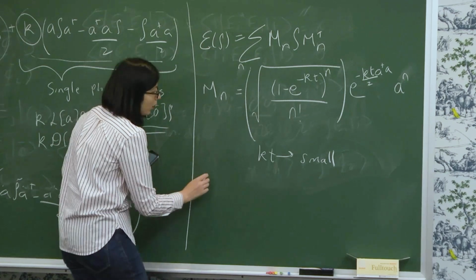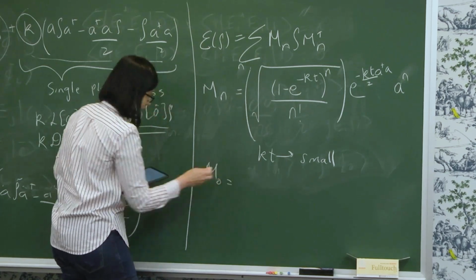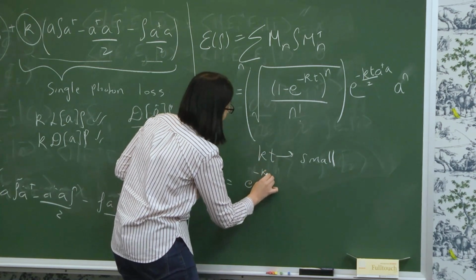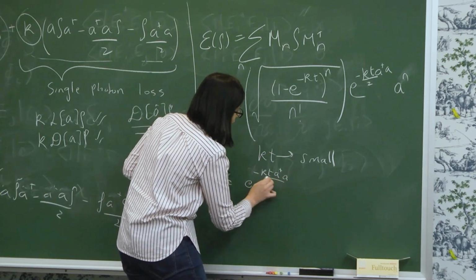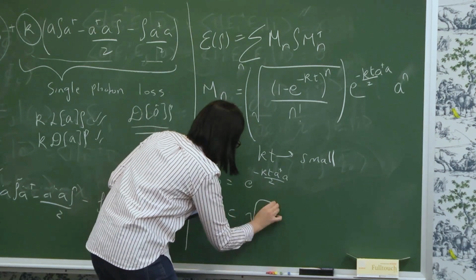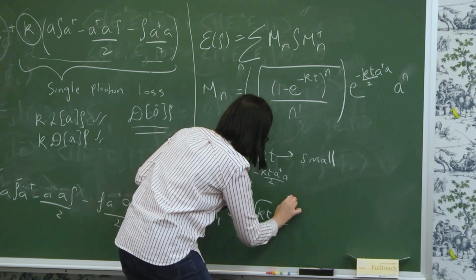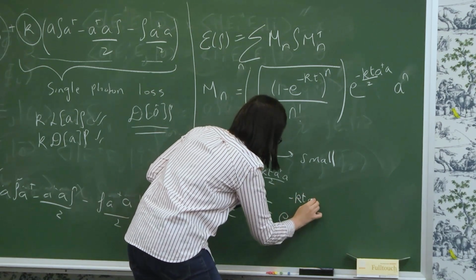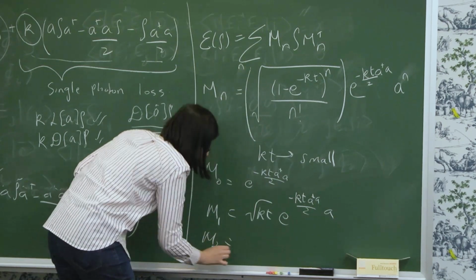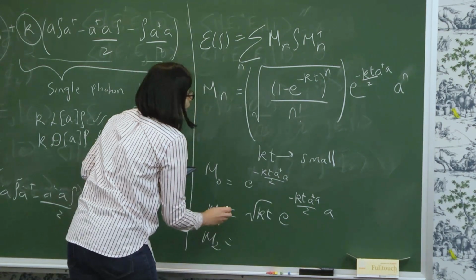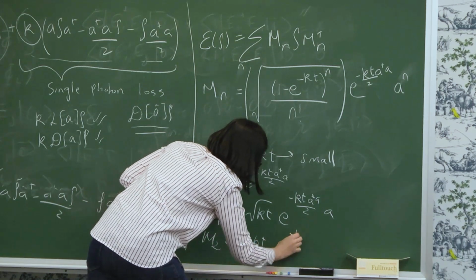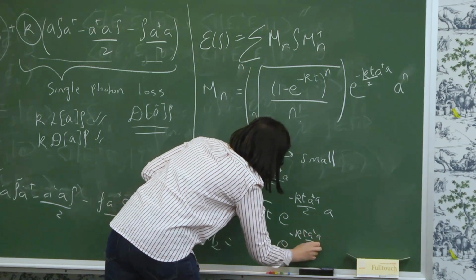So for small kappa t, I'll just write what m0 is. That is e to the minus kappa t a dagger a over 2. m1 is the square root of kappa t times e to the minus kappa t. And when you write m2, you will have a kappa t, and a square, and so on.